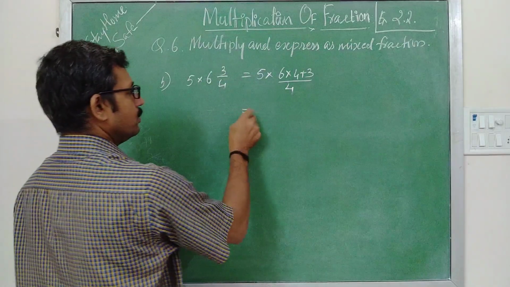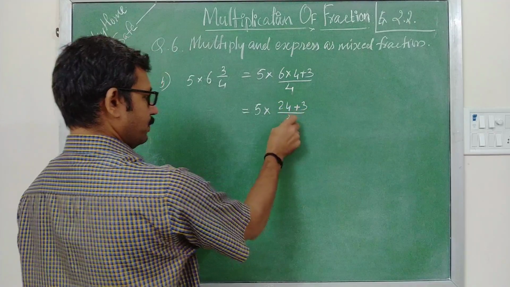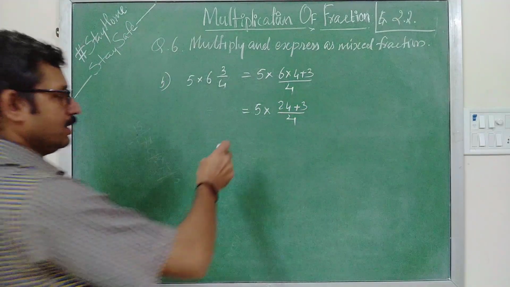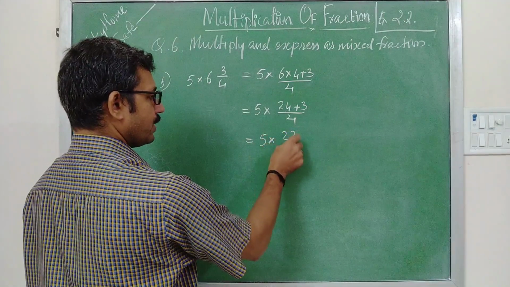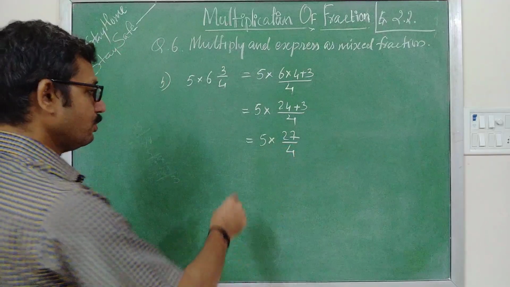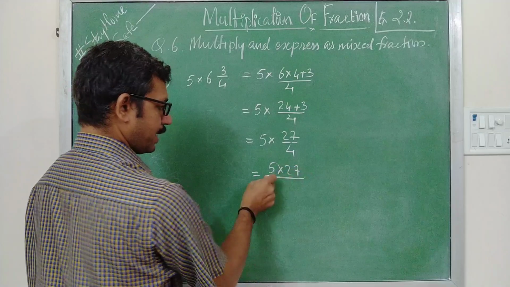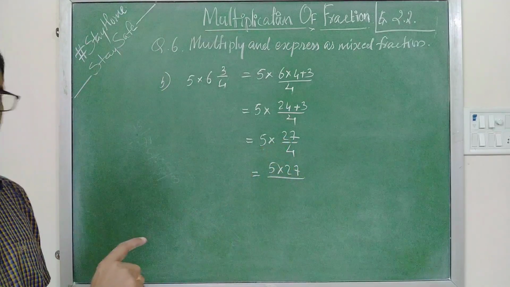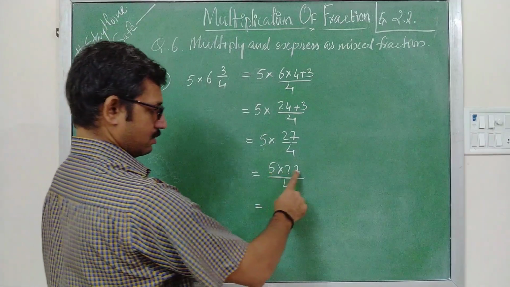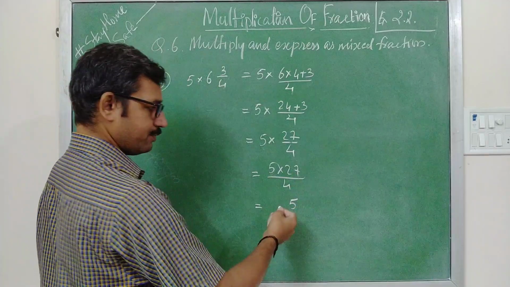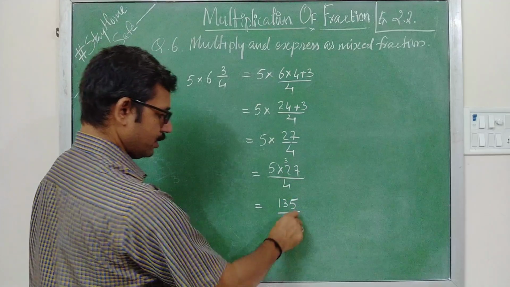So it is 5 into 24 plus 3 upon 4, which is 5 into 27 upon 4. Now multiply 5 into 27, the whole number with the numerator, upon 4. 5 sevens are 35, 5 twos are 10, so we get 135 upon 4.